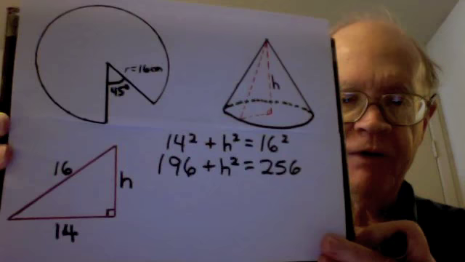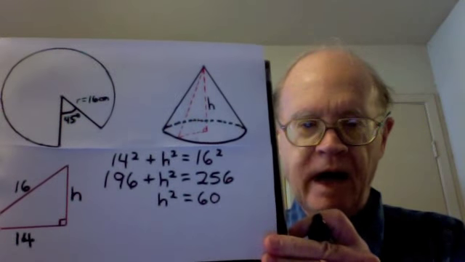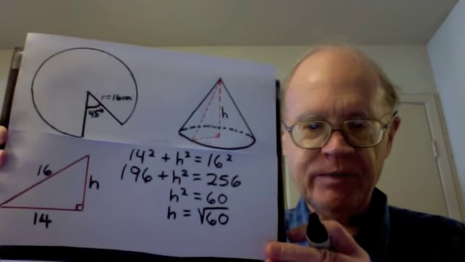I subtract 196 from both sides. I have h squared equals 60. I take the square root of both sides. h equals the square root of 60, which is a perfectly good answer to the challenge.